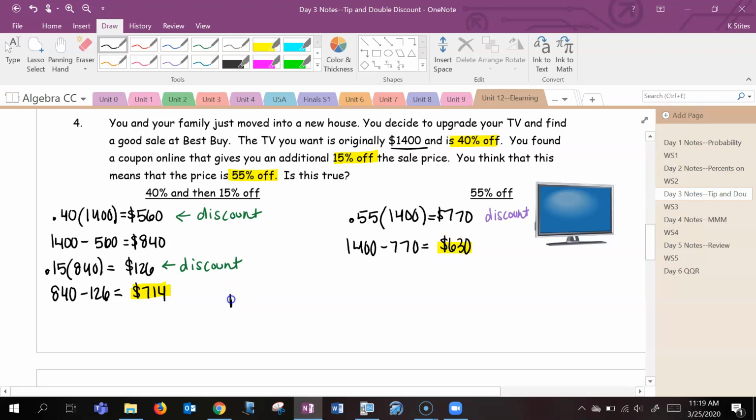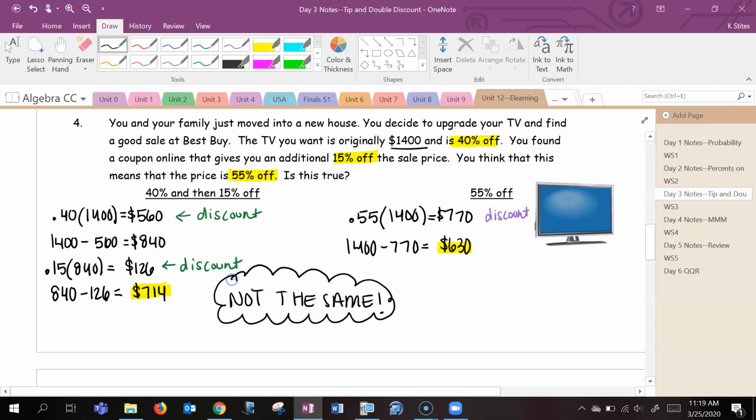So these are not the same, and they never will be. Okay, they never ever will be. So here is what you need to know about percents. It is always better to get the whole thing off all at once than split like this. Okay, so even though 40% plus 15% is the same as 55%, here this 15% isn't coming off of the $1,400.